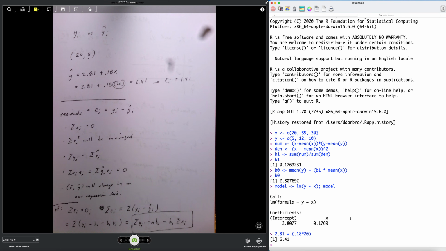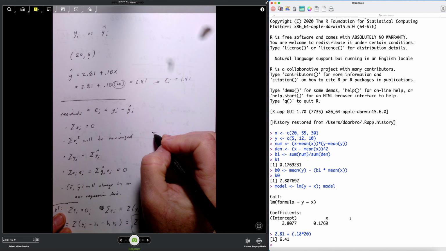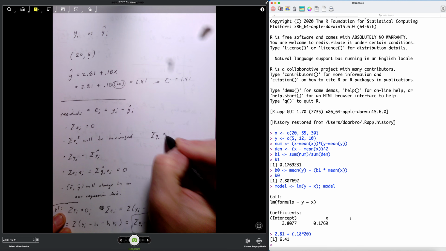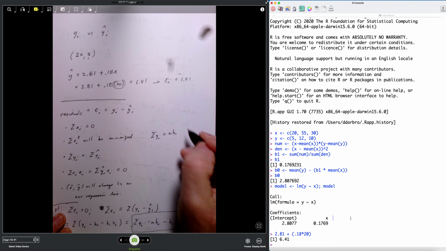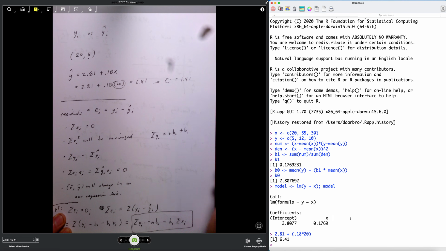Well, when we looked at the normal equations in a previous video, we got that the sum of the y sub i's is equal to n beta 0 plus beta 1 times the sum of the x sub i's. So therefore we know that this whole term has to be 0, proving that the sum of the errors must be equal to 0.